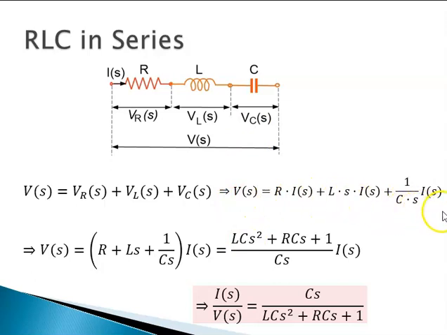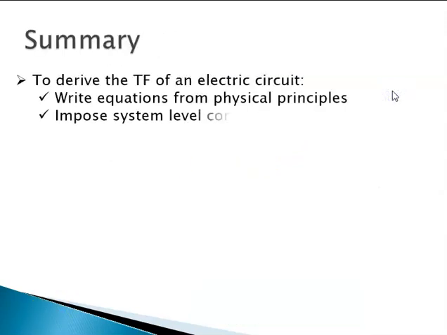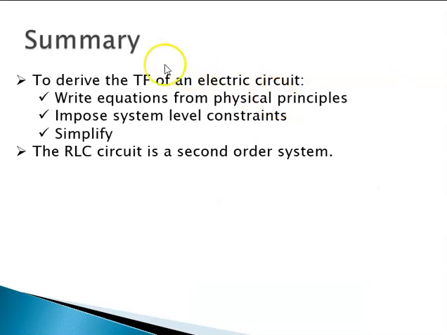Took Laplace transforms with 0 initial conditions and then derived the transfer function of the system. So we wrote individual equations, then imposed the system level constraint, that is this total V(s) is equal to VR plus VL plus Vc.